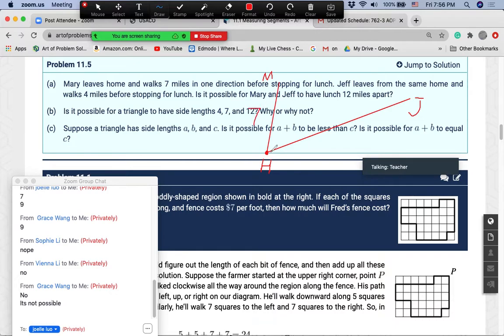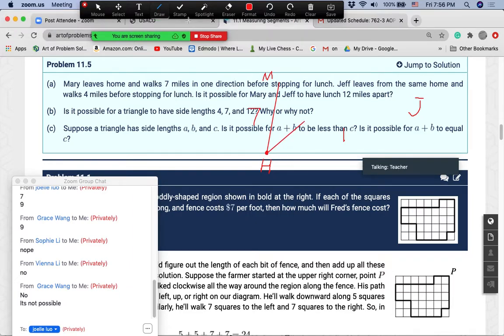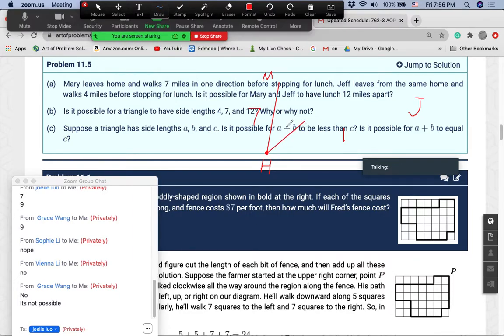So Mary walked 7 miles. Jeff walked only 4 miles. Let me change this one a little bit. Draw this one again. Suppose this one is 4 miles. This is Jeff.